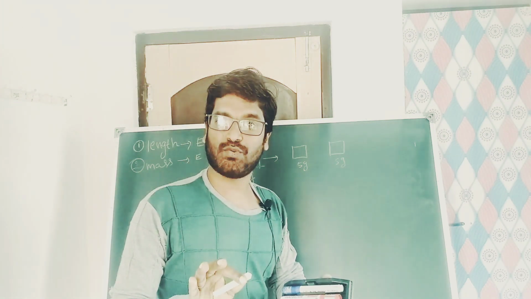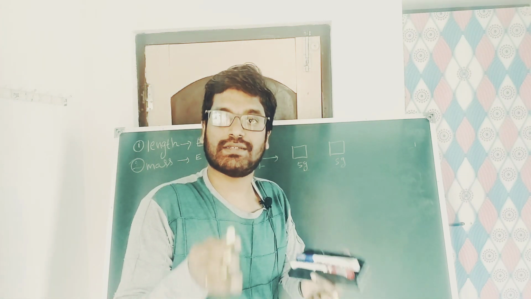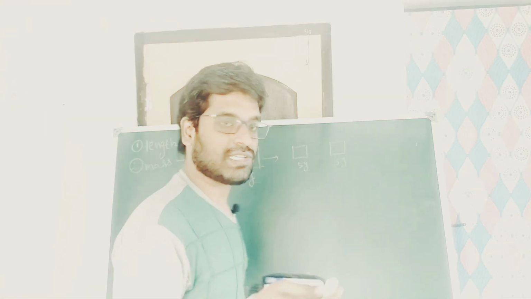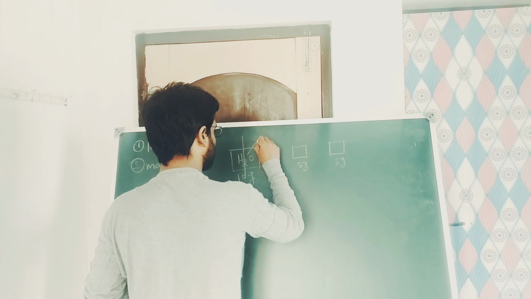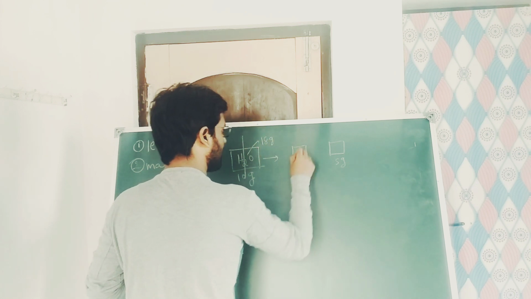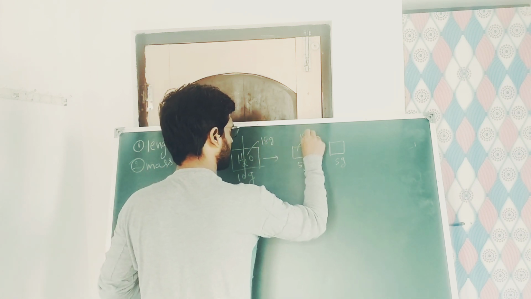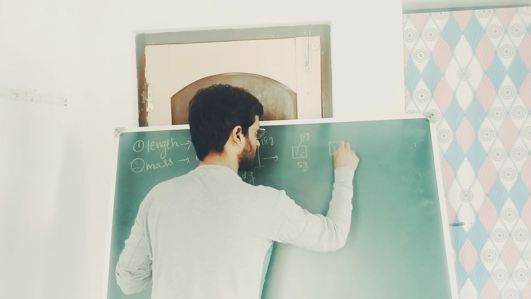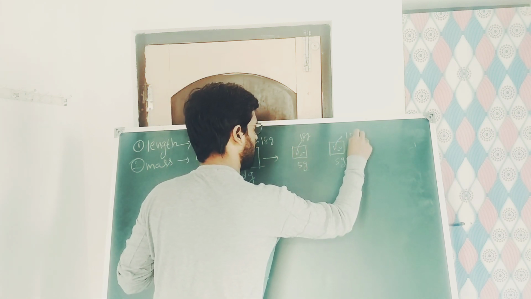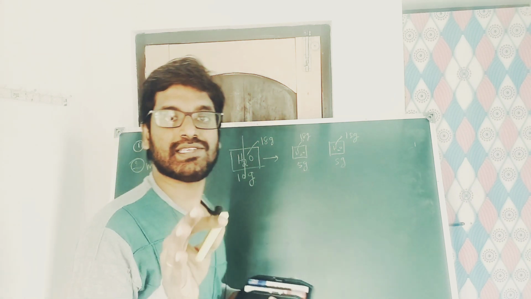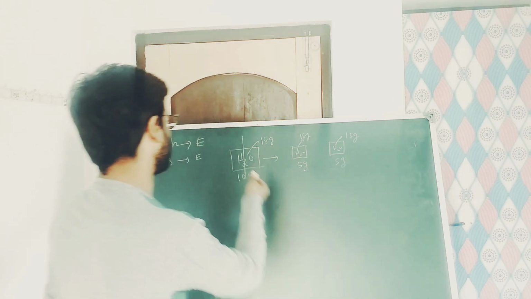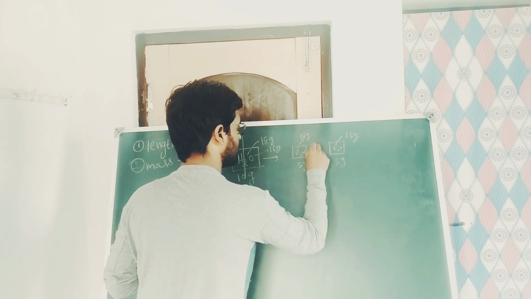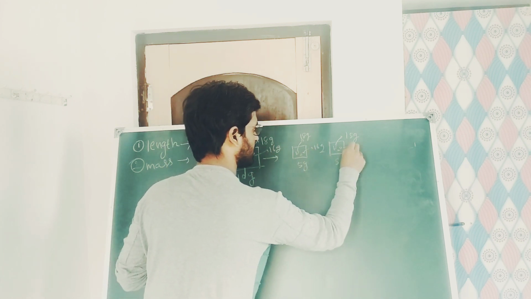But if I ask you the mass of water, the molecular mass, did anything change? See, water here 18 grams, here also 18 grams, here also 18 grams. That means molecular mass has not changed. At the same time, if you take the atomic mass, oxygen 16 grams, here also 16 grams, here also 16 grams.